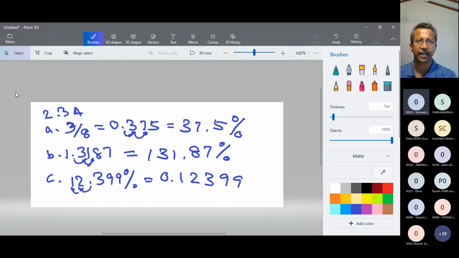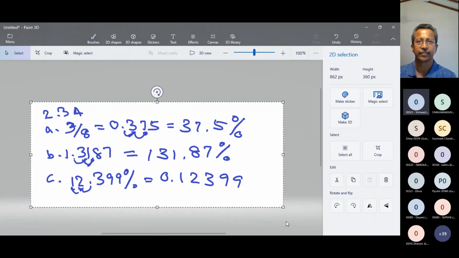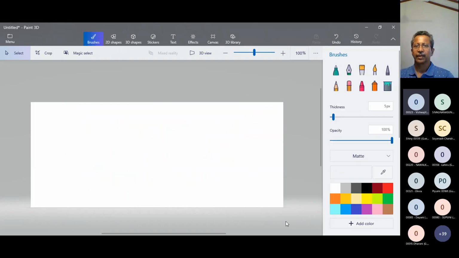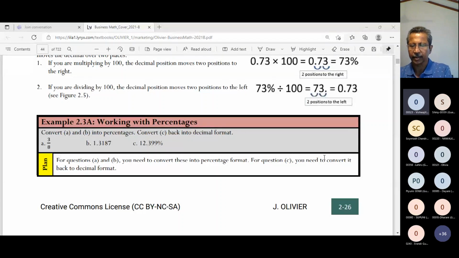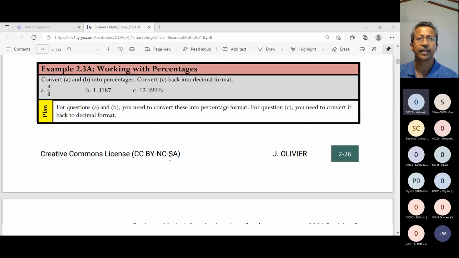We'll go to the book and see what is the next part. We did this, right?